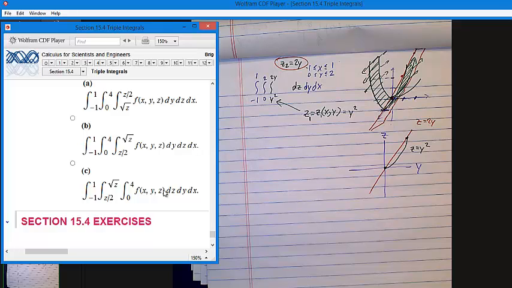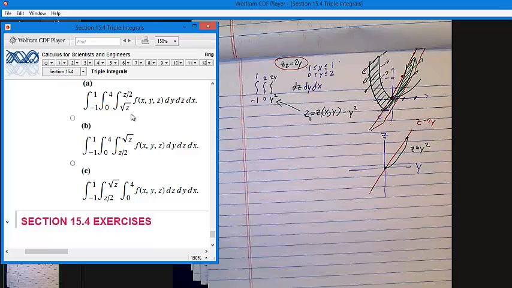And in part C, what did they switch? Oh, they didn't switch anything. Part C is weird because they have the inner one being numbers, and the inner one is supposed to be a function. So I'm going to stick with A and B as I start my analysis.